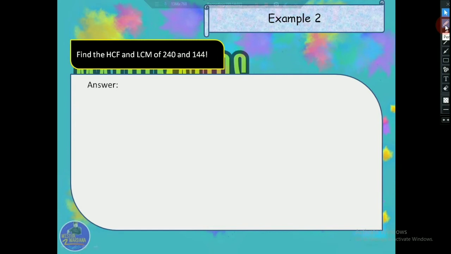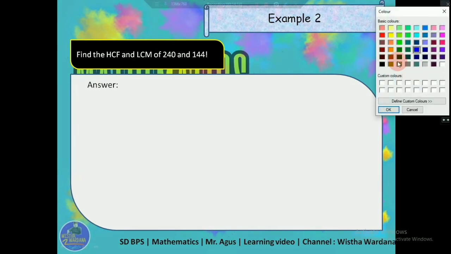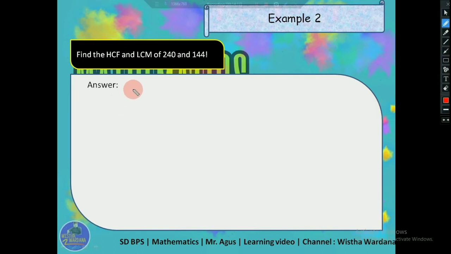Although you can get the answer using the division method or prime factorization method. Okay, let's try to answer this question using the continued division method.